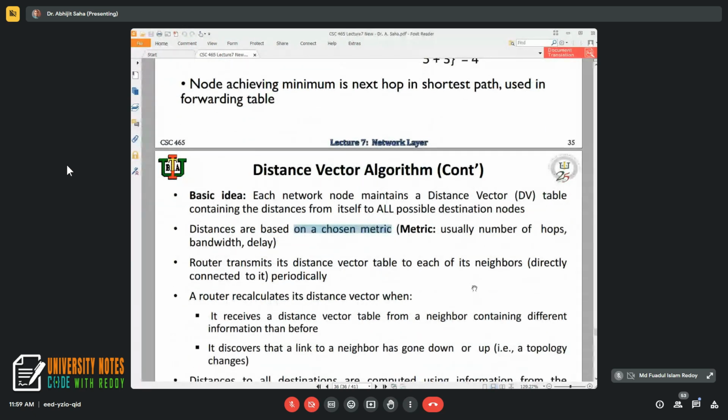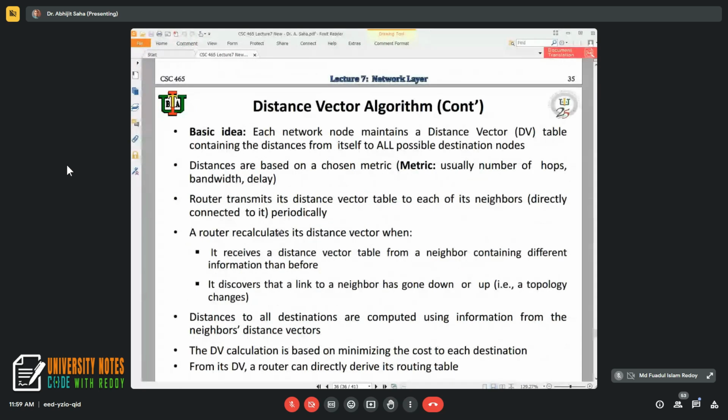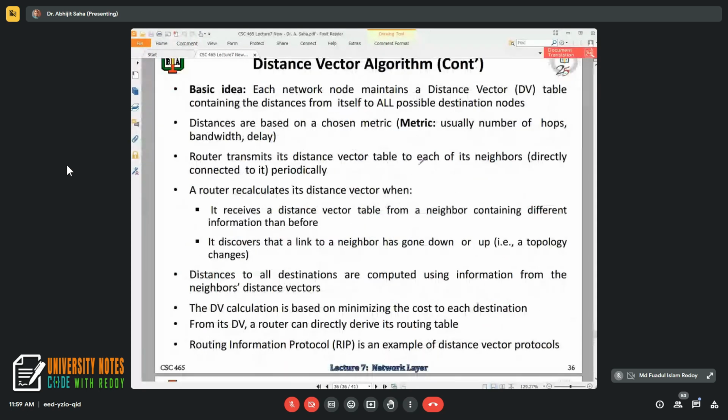Okay, so here it said a router transmits its distance vector table to each of its neighbors that are directly connected to it, periodically. Every network node maintains a distance vector table, right? So every node has a table containing the distances from itself to all possible destination nodes.